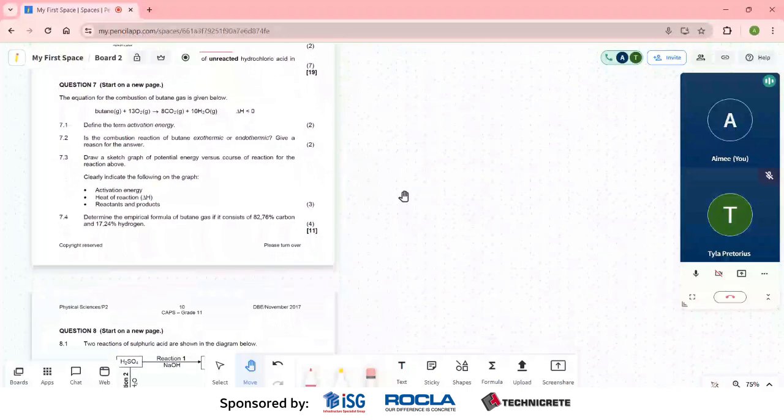Now we move on to question 7. Okay, so question 7 says the equation for the combustion of butane gas is given below. Define the term activation energy.